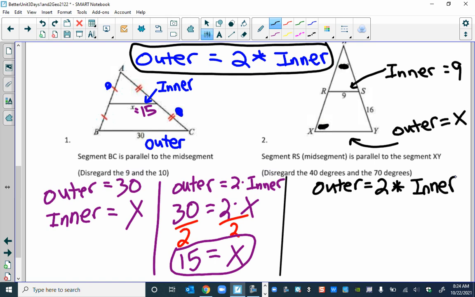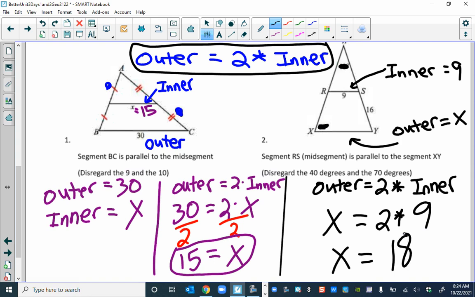It's x. So it's just 2 times, what's the inner value? Right up here. So then, can we multiply 2 times 9? You can't multiply 2 times 9? 18. Yeah. This guy is 18.